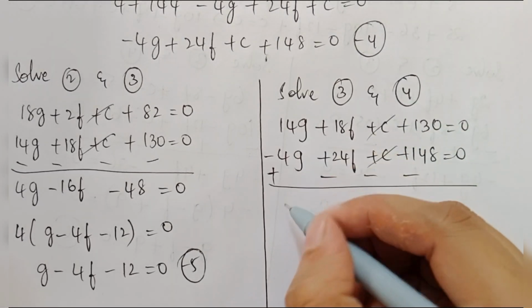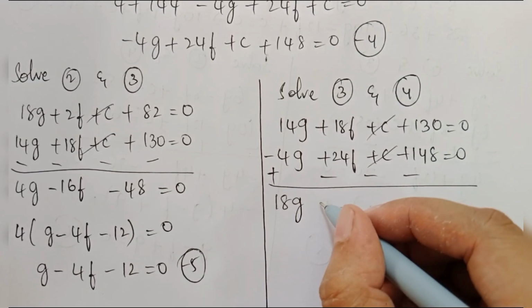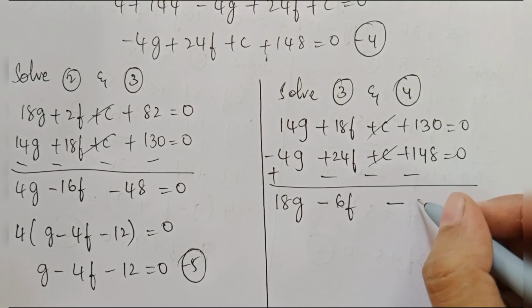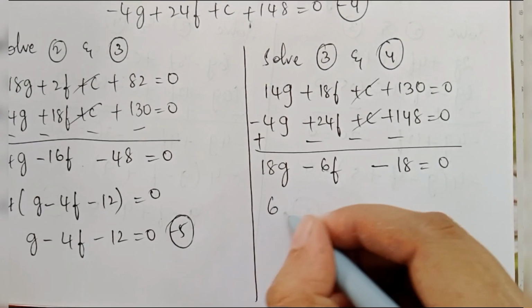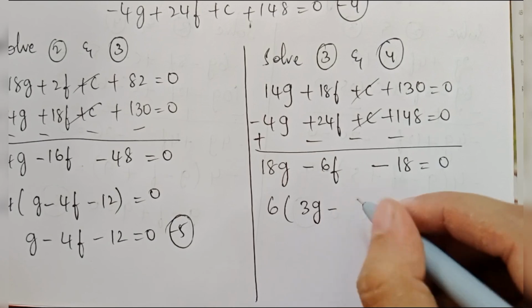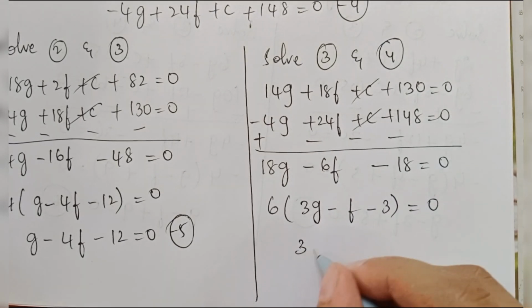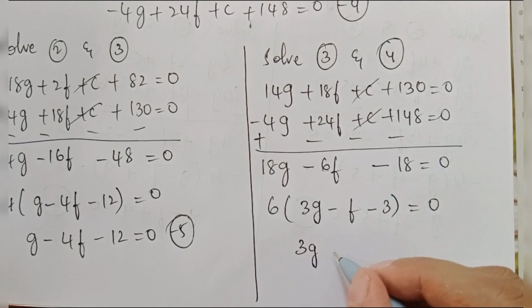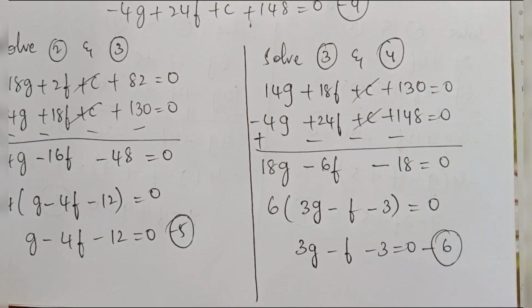We'll get here 18g, minus 6f, minus 18 equal to 0. Taking 6 common, it is 3g minus f minus 3 equals 0, as equation 6.